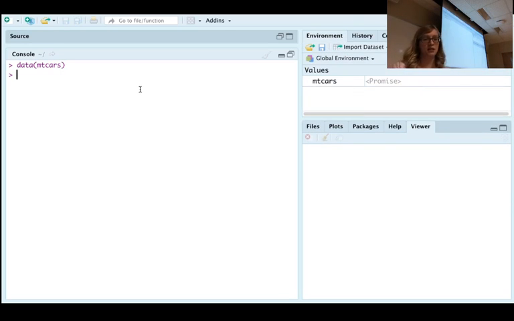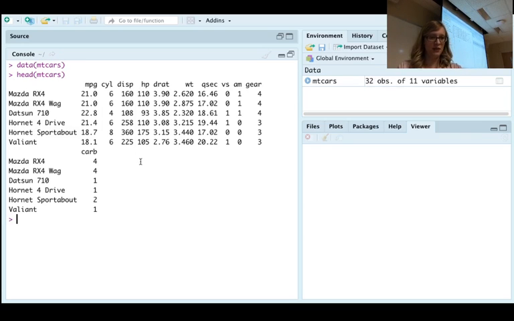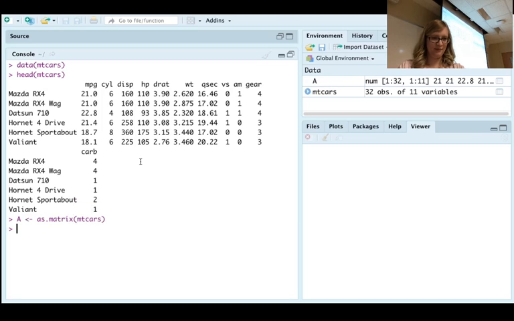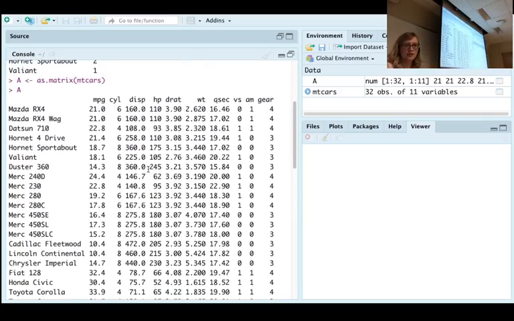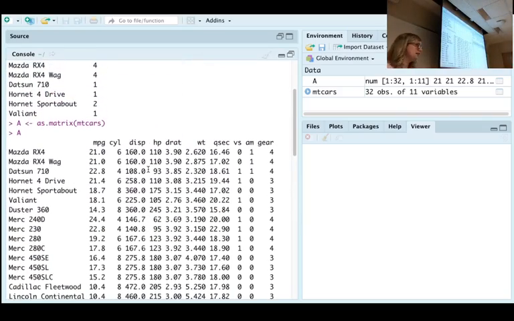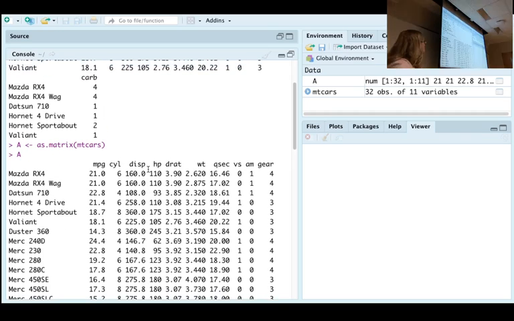So here's the mtcars data set, for example. We'll look at the first few observations. That's similar to how multiple linear regression handles categorical variables, coercing them to some kind of numerical value and operating on it. It absolutely is. If we're working in R, we can use a function called as.matrix that will reclass this as a matrix.